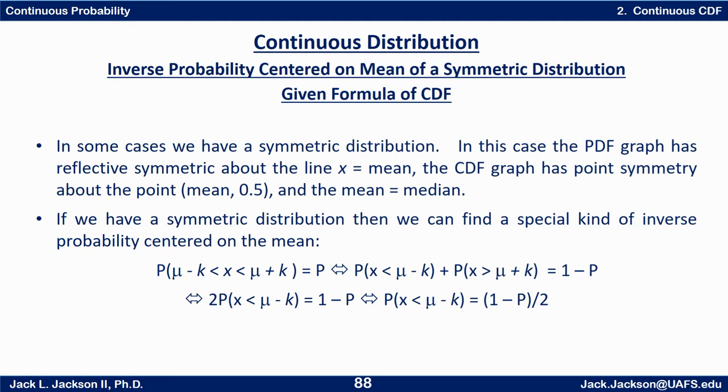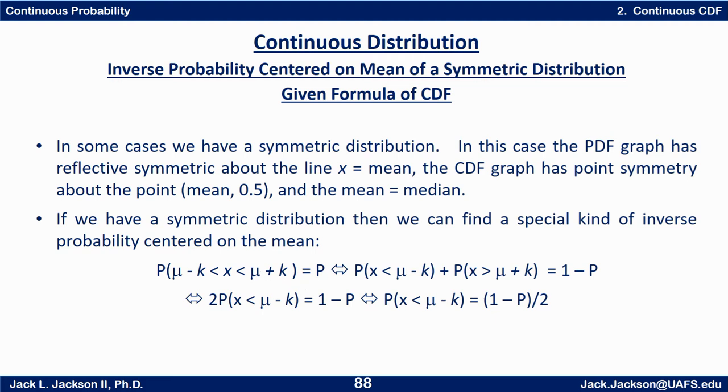If we have a symmetric distribution, then we can find a special kind of inverse probability centered on the mean. So we're looking for x between the mean minus k and mean plus k. So we're going to go k units above and below the mean and look for the probability between there. And say we know that that's some value p.